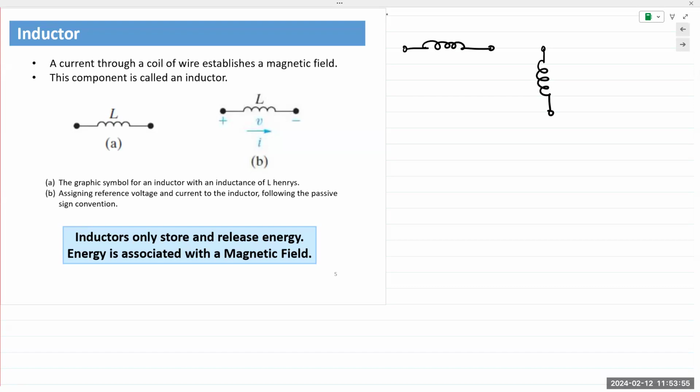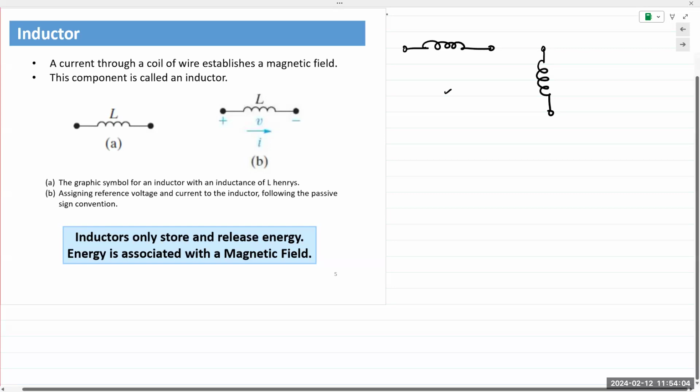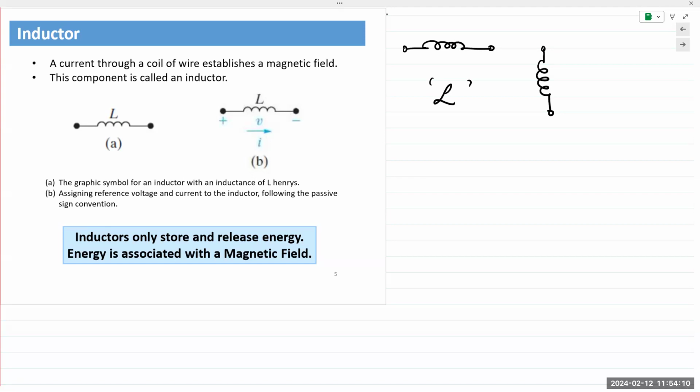I in electrical engineering is reserved for current. C is reserved for capacitor. And so we use L to denote an inductor. It's an uppercase L. Lowercase l is for length. Uppercase L is for inductor.